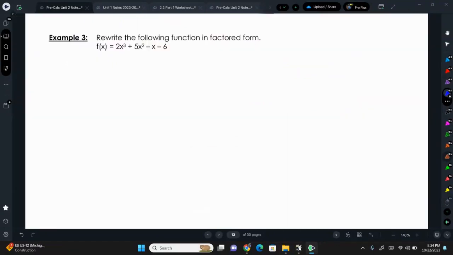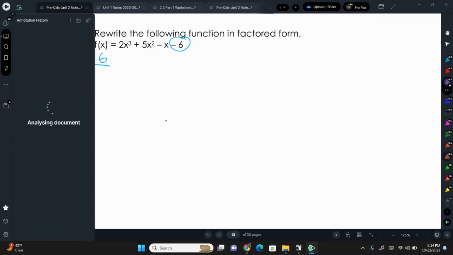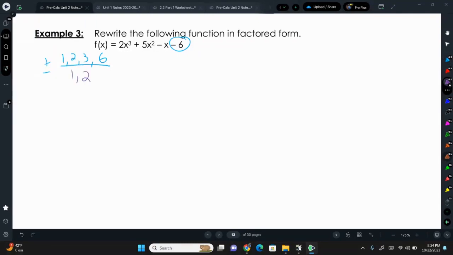Now, example 3 says rewrite the following function in factored form. So I don't want the zeros, I want factored form. Can we factor this? Can we do grouping? No, we can't do grouping. So plus or minus factors of the constant 6: 1, 2, 3, 6. And then factors of 2, or just 1 and 2. So it's the same possibilities as the one on the first page.